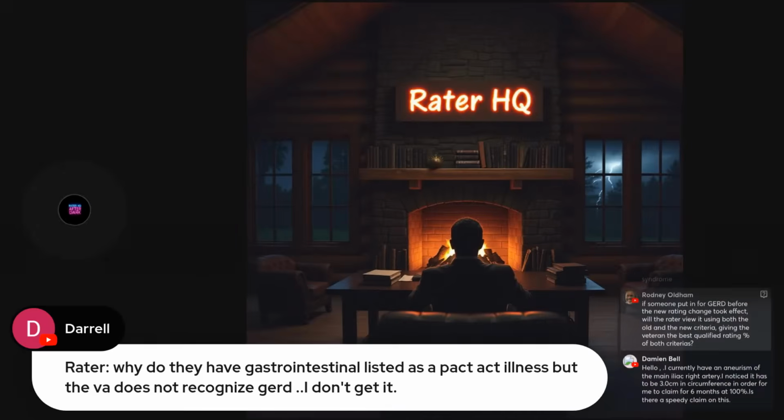Now, IBS is an unexplained illness. However, GERD can be explained by taking medication. A lot of it's a structural issue. There's a structural defect or cause for the GERD. So structural issues cannot be part of 38 CFR 3.317 MUCMIs.